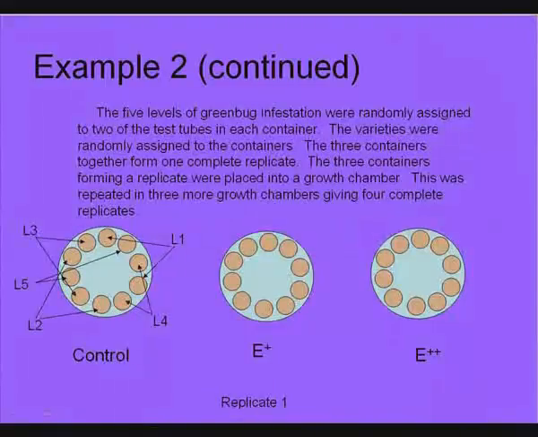And so if you look at the ANOVA table there, what you have is a split plot design. The coffee cans are the whole plot units, and the varieties are assigned to those. And the levels of infestation are subplot units. The test tubes themselves are the subplot units, and different levels of green bugs are assigned to the test tubes.